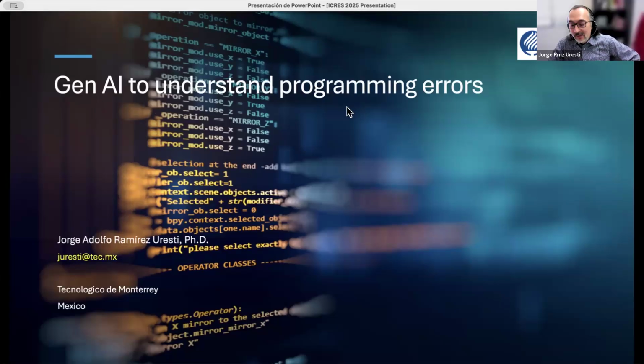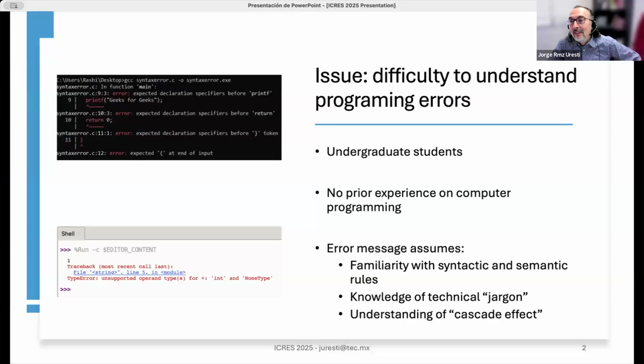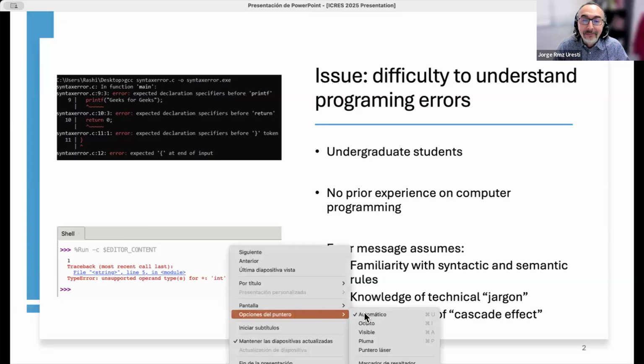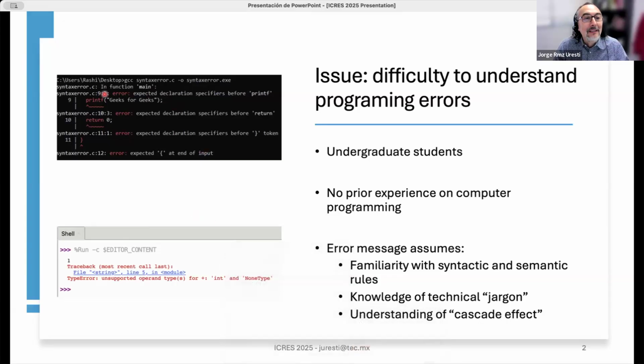understand programming errors. Because in our classes here at Tech, we have this issue that when students are beginners in computer programming, when they are starting to learn how to program, usually they are presented with this kind of feedback from the compiler, which is really difficult to understand.